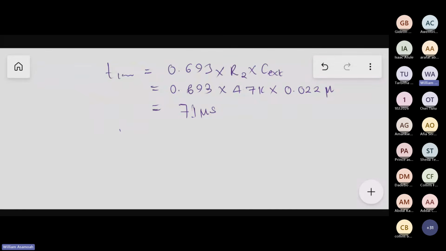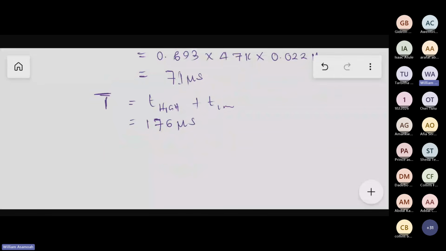So what will be the total period T, which is T high plus T low? 176 microseconds.